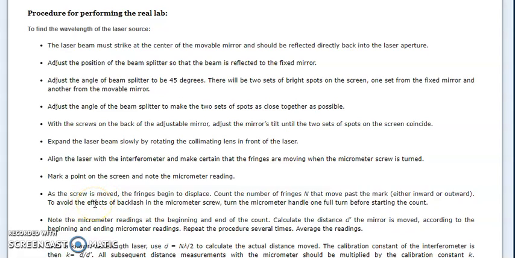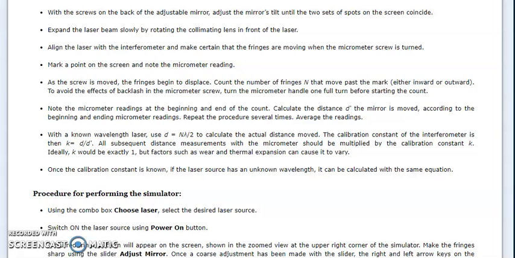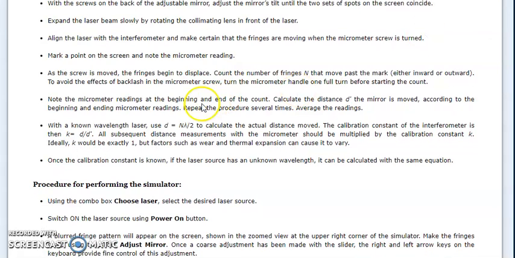As the screw is moved, the fringes begin to shift, either inward or outward. We need to count the number of fringes that move, and note the beginning and end micrometer readings. With these readings, we can calculate the wavelength of laser using this formula.